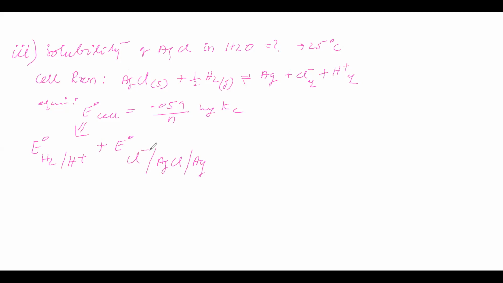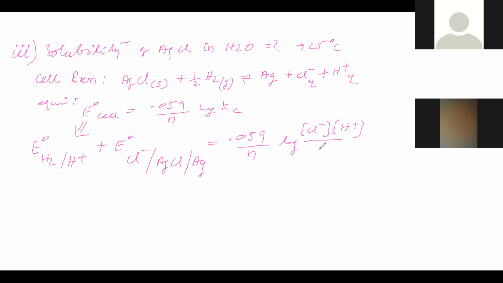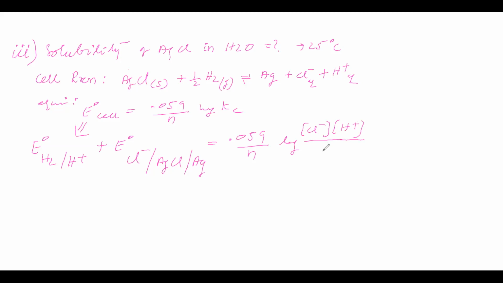It is equal to 0.059 by n, where n is 1 mole of electron, log Kc. Kc has Cl minus aqueous into H plus aqueous in the numerator, and the denominator is the pressure of hydrogen gas to the power 1 by 2.